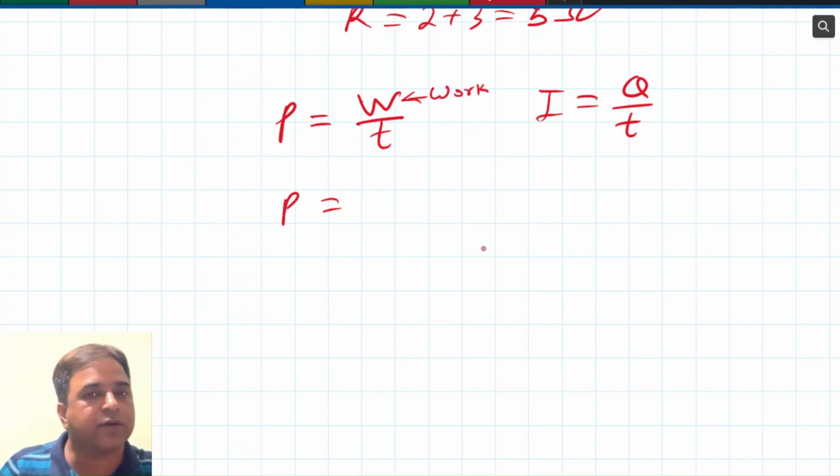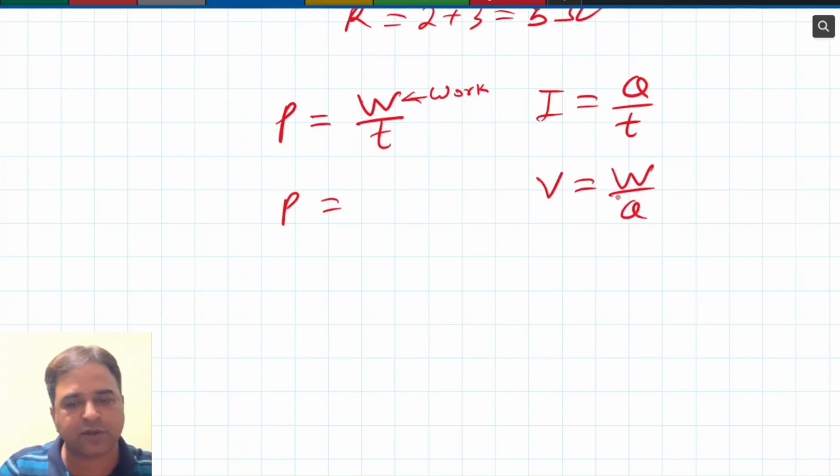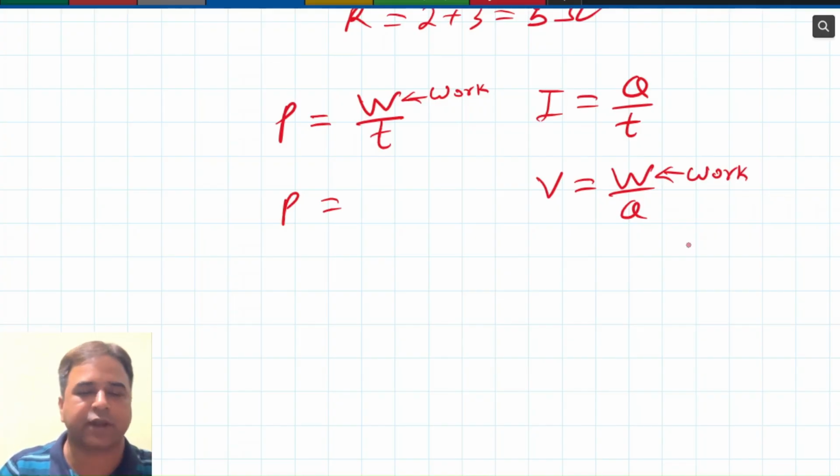Now we know that potential difference V is equal to W upon Q. This also we discussed. So here also it is nothing but the work.